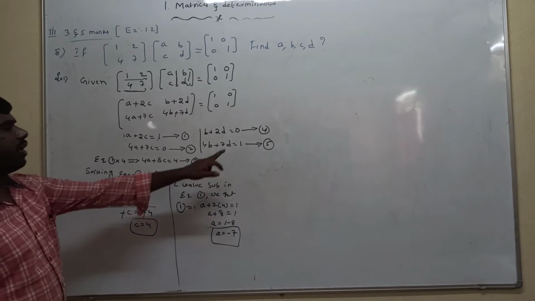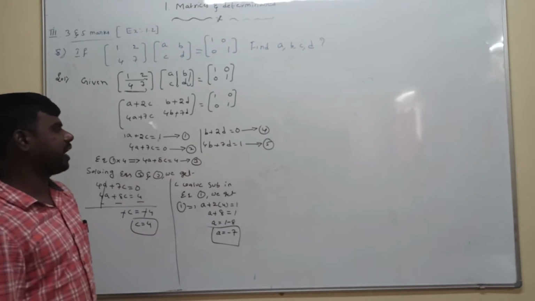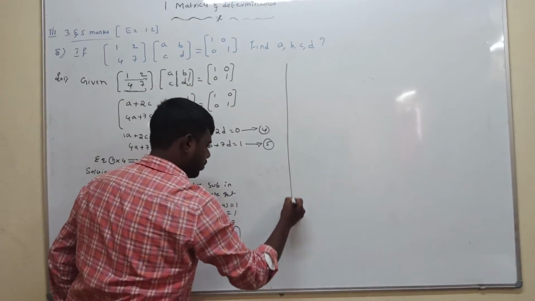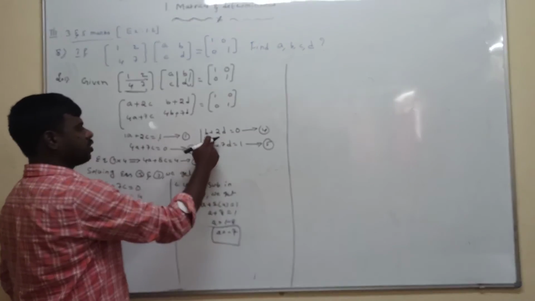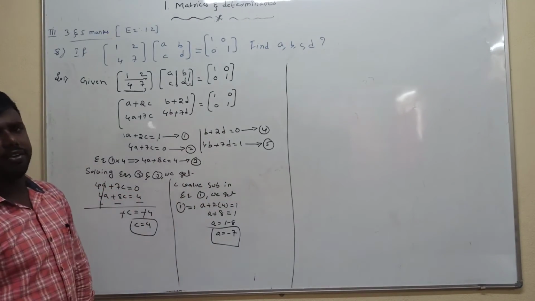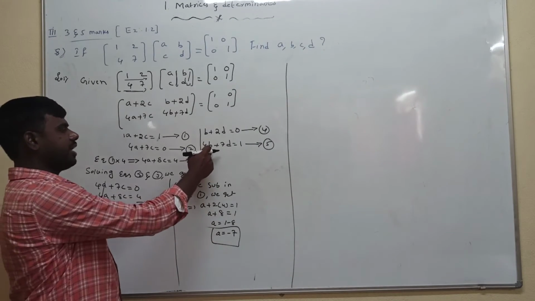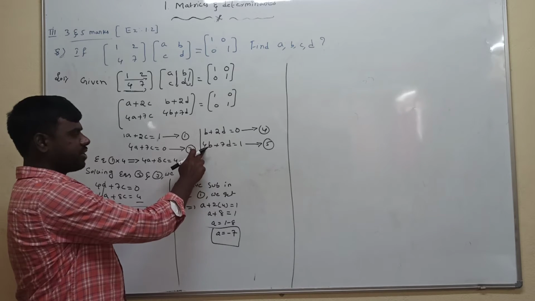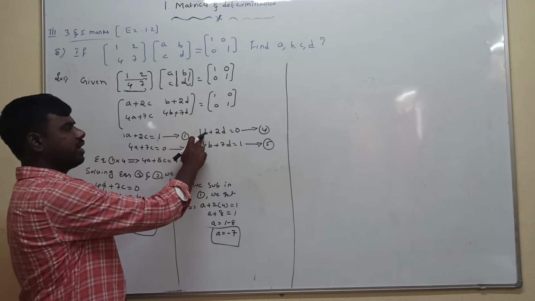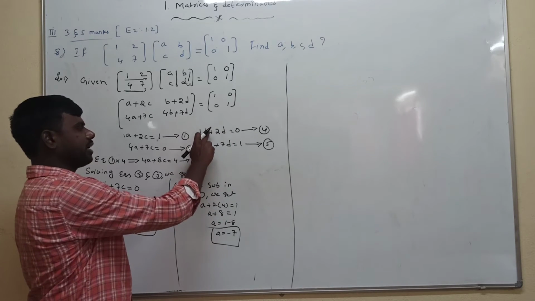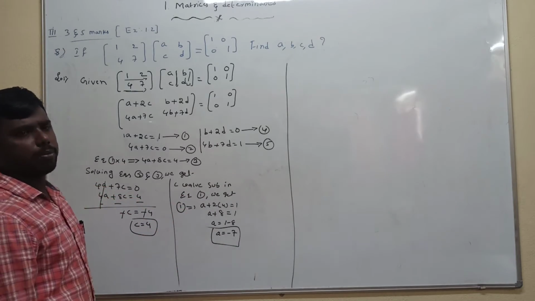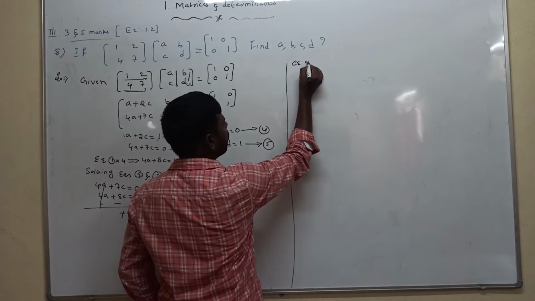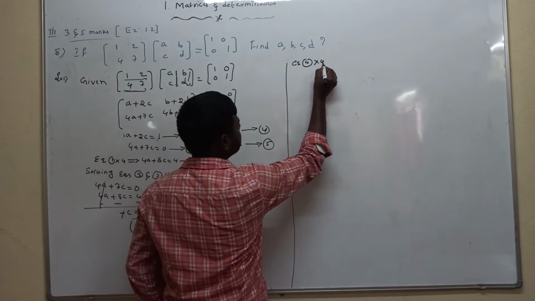Next, solving equations number 4 and 5, you get the B value and D value. Dear students, here also the B coefficients are different, so elimination is not possible. When elimination is possible, both B coefficient values must be equal. That's why we are equating the B coefficients in both equations.